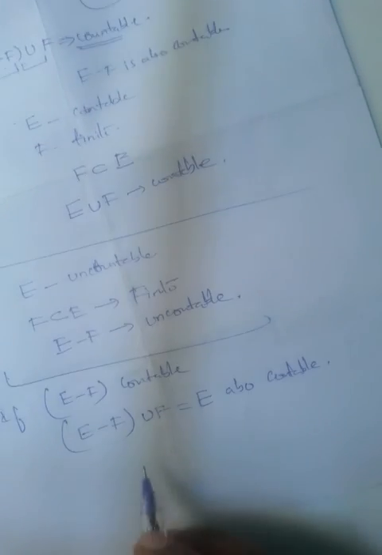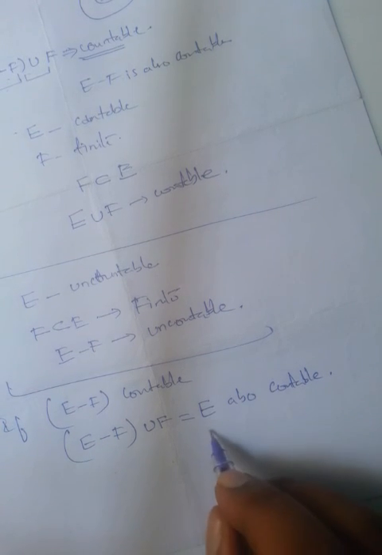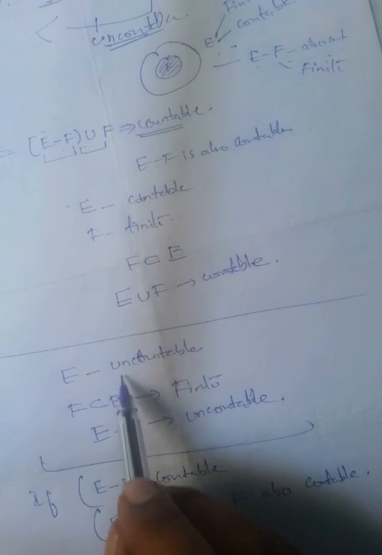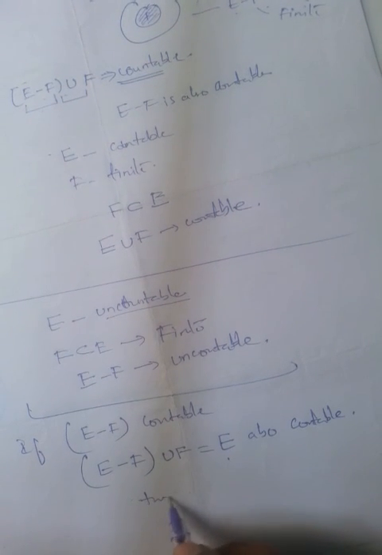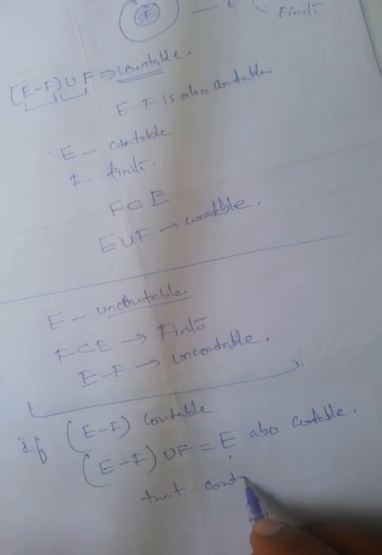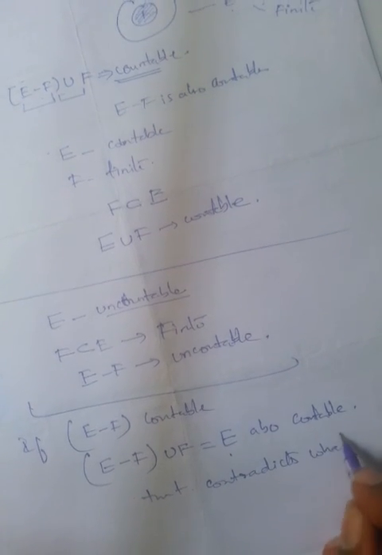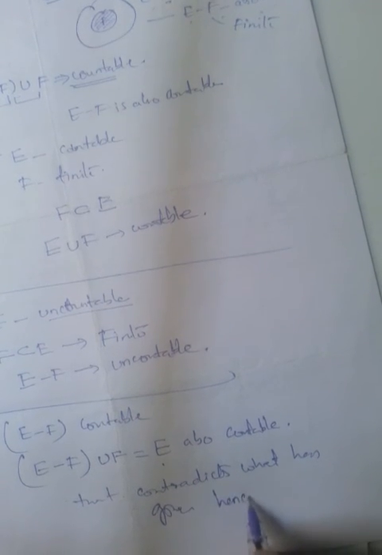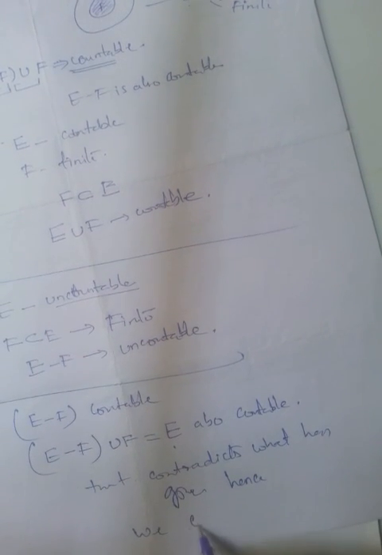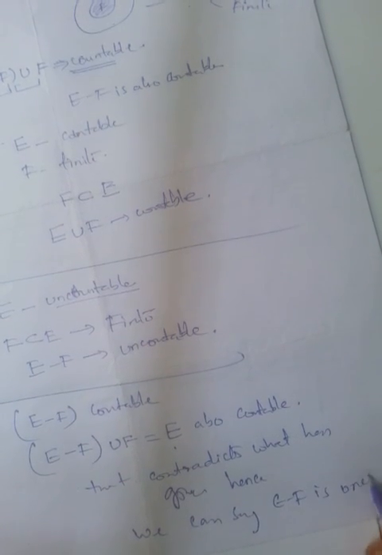But the question has given that E is uncountable, so that contradicts what has been given. Hence we can say E minus F is uncountable.